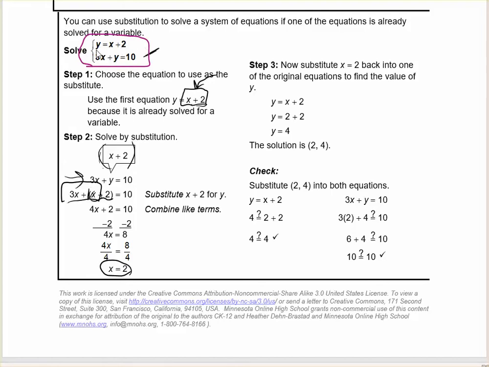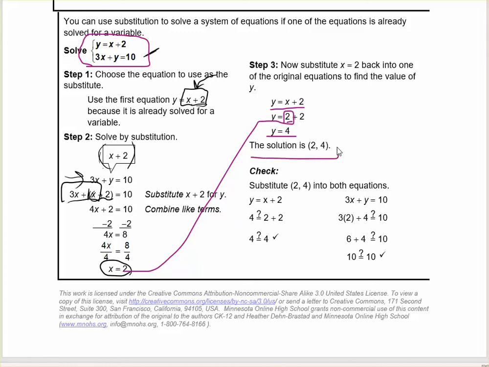I think definitely the first one would be easier to work with. I need to know what y is, and now I know what x is, so we write down the first equation, then we replace x with 2, and then we just solve: y equals 2 plus 2, y equals 4.